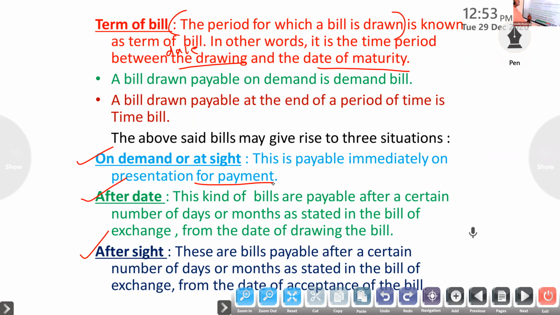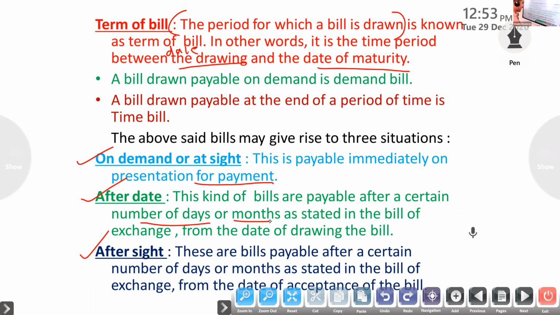Next one, after date. After date means these kinds of bills are payable after a certain number of days, otherwise months, as stated in the bill of exchange. Sometimes they will say 56 days after bill, otherwise 2 months after bill.